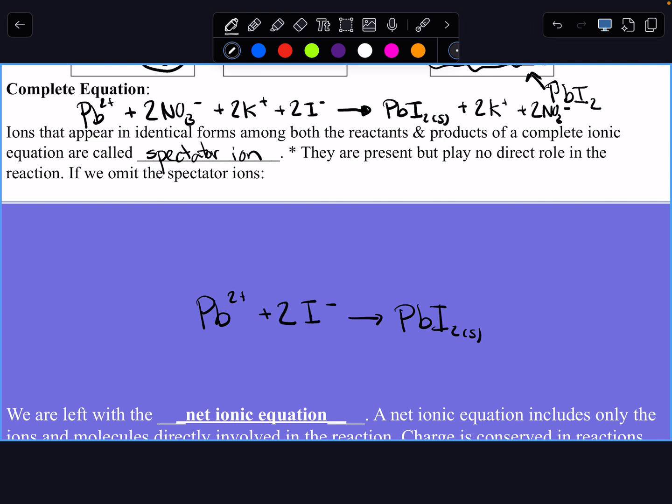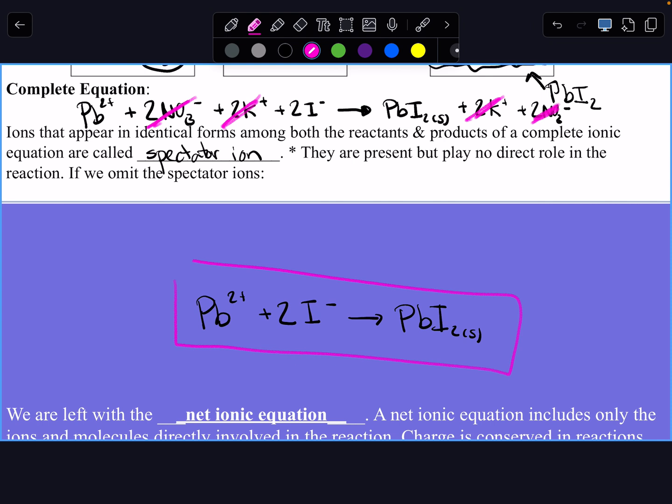So I'll highlight up here. You could almost think about, once again, like we're canceling out the spectators because on the left they're just floating around and on the right didn't change, no new bonds, it's still just floating around. And the net ionic equation is what we get when you take those things out.